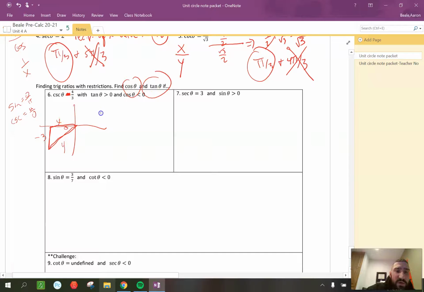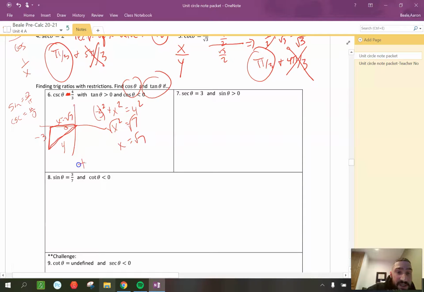Well, if this is x and we go Pythagorean theorem, we'll get x squared equals 16. Remember, this is going to become positive. So it'd be 16 minus 9, which is 7, and we square root, we get x equals root 7. So here's root 7. Now we need to find tangent and cosine.